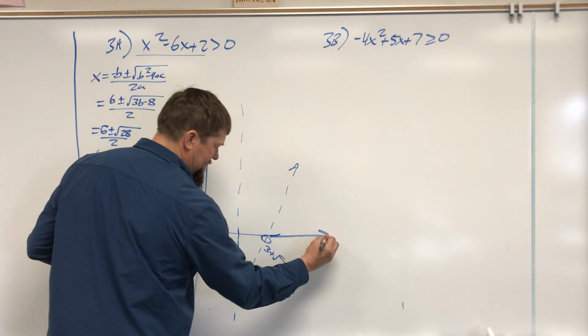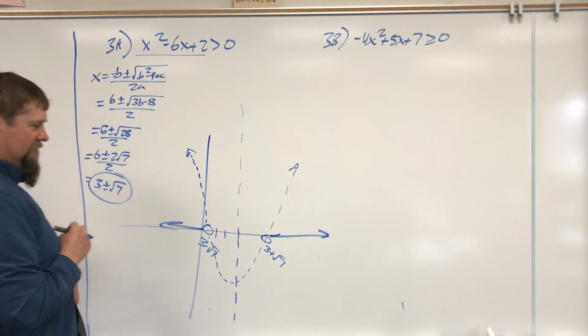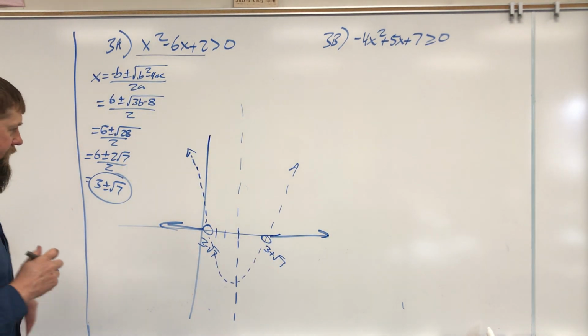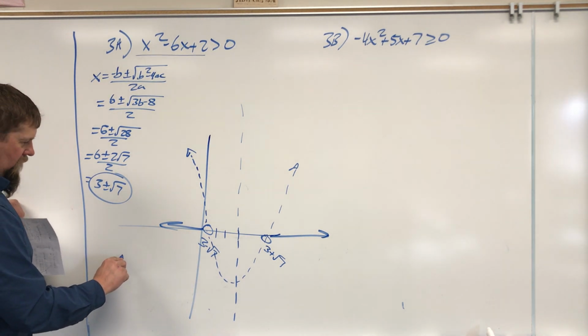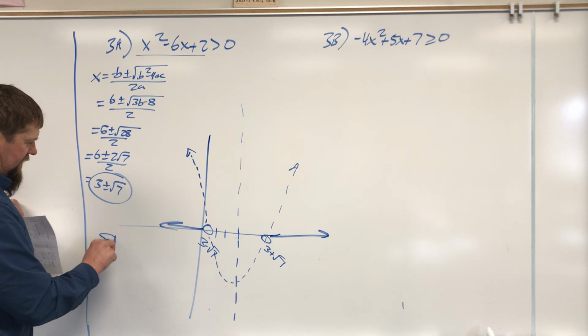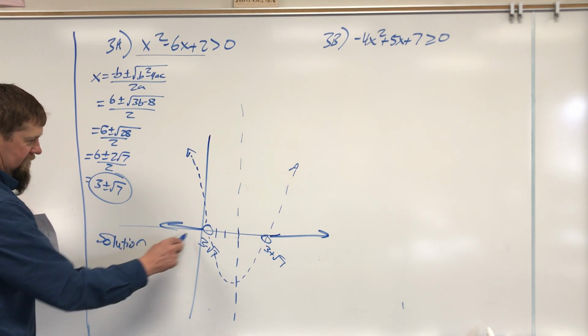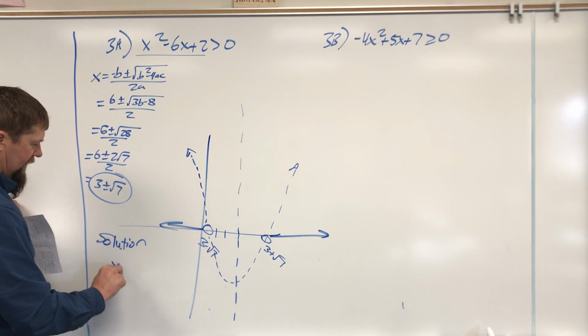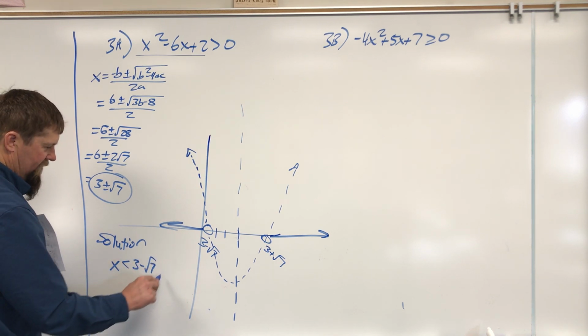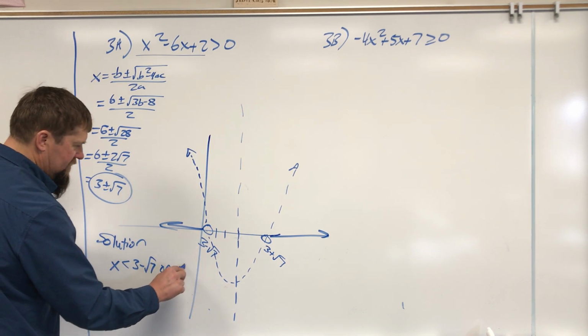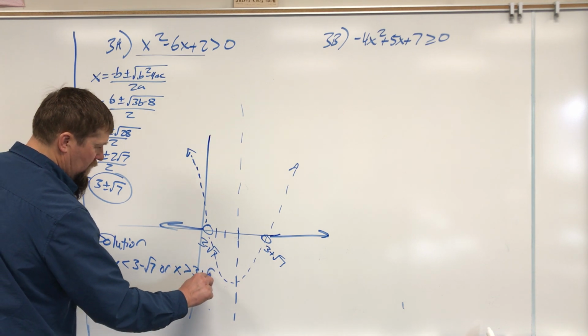So I know the solution is everything outside of these two points. So let's go ahead and write our solution. In this case, our solution is everything outside, so x is less than 3 minus the square root of 7, or x is greater than 3 plus the square root of 7.